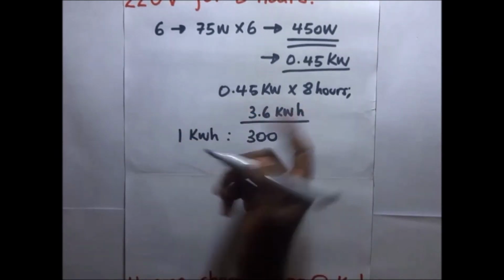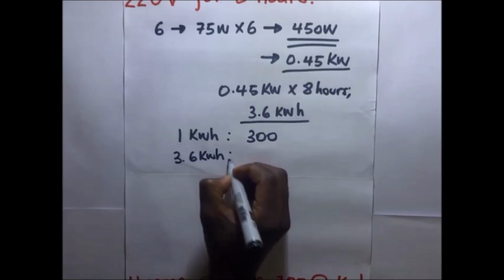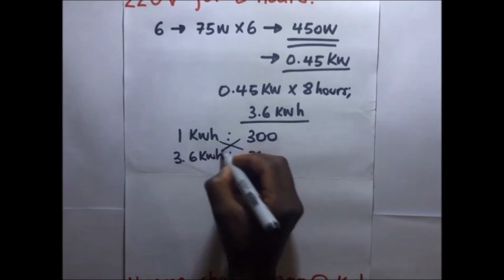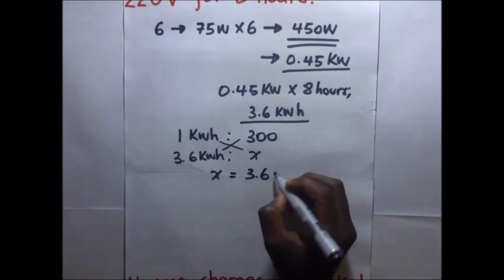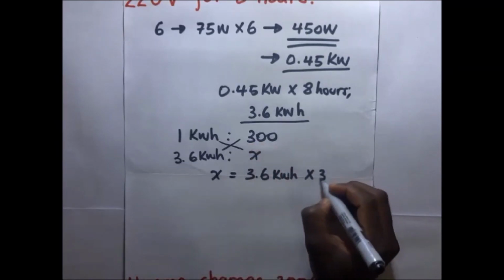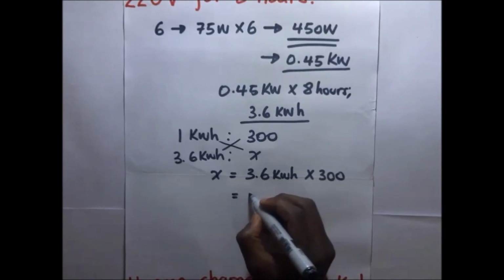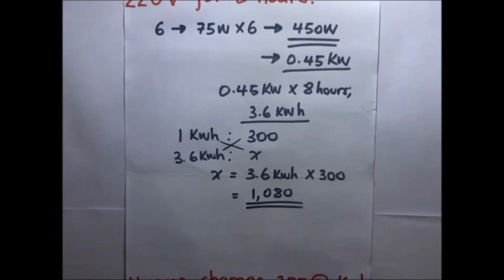How about this 3.6? 3.6 kilowatt hours are going to be equivalent to x, an unknown. When you cross multiply, your value of x will be 3.6 kilowatt hours times the cost, which is 300, and you'll get your answer as 1080.